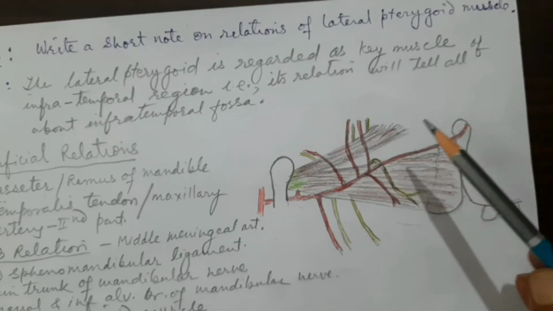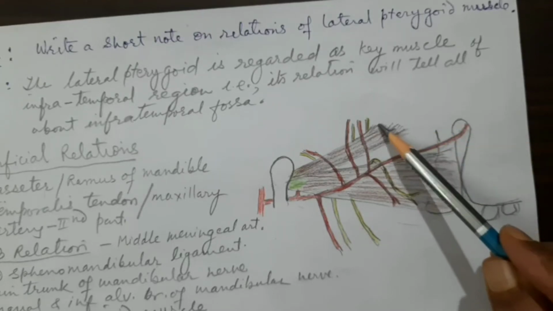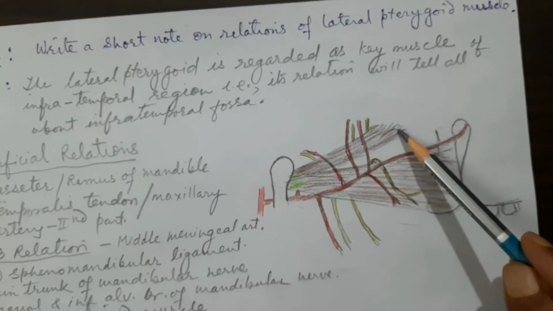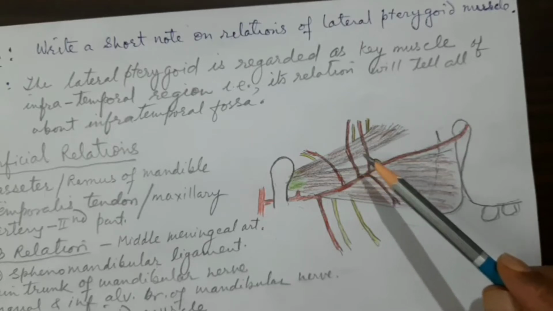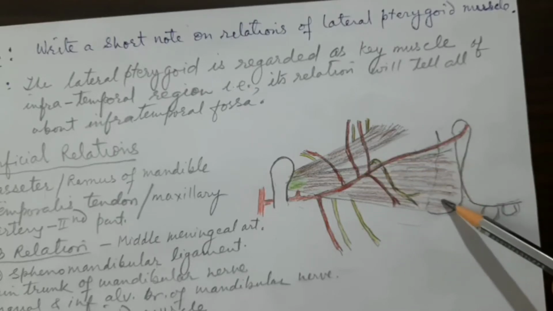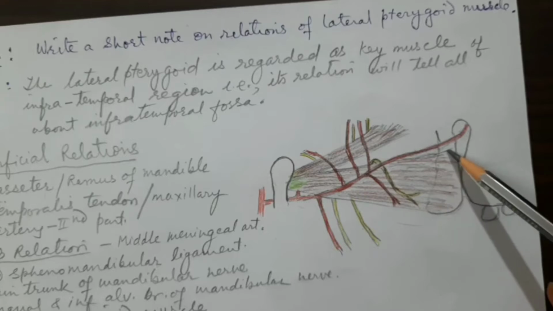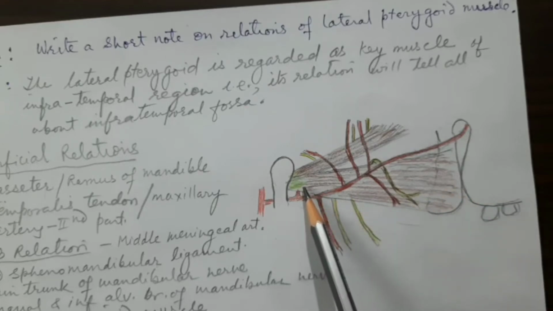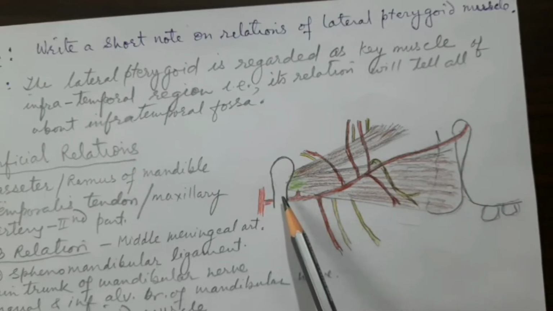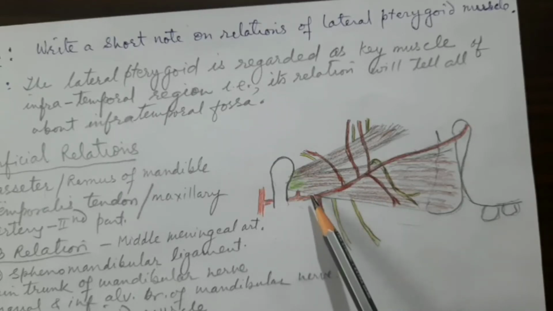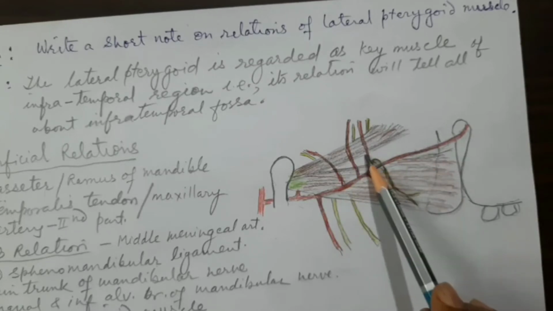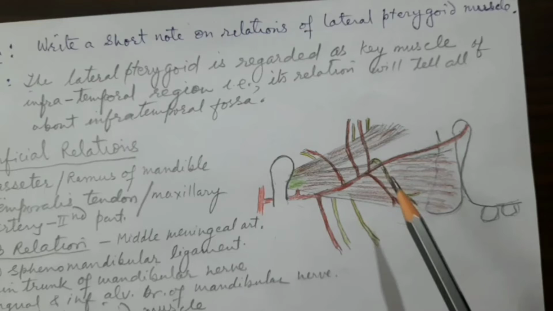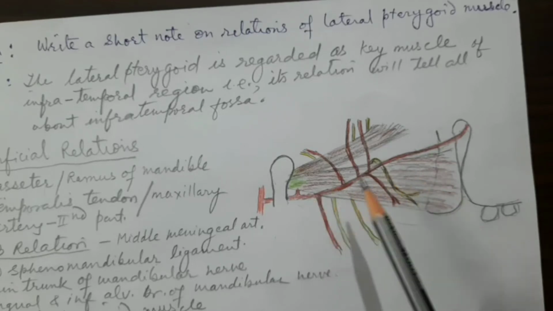So this is the site of origin: the upper head takes origin from the infratemporal crest and the undersurface of the greater wing of the sphenoid, and the lower head takes origin from the lateral surface of the lateral pterygoid plate, inserting in front of the neck, and the capsule and the articular disc here. There is a gap between the upper and the lower head here, and now we have to see the relations of this.